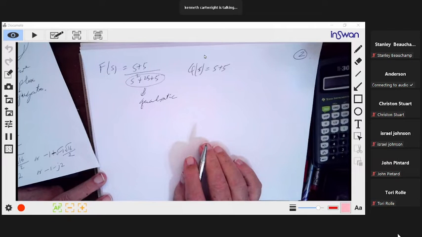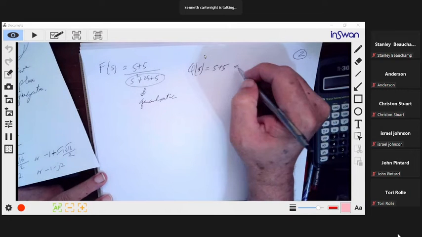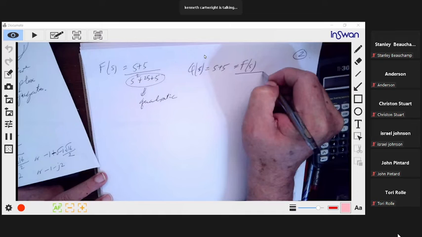S plus 5. So if you like, q of s is f of s multiplied by the quadratic.